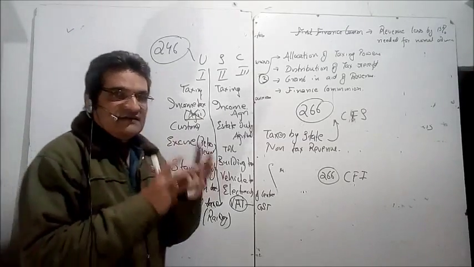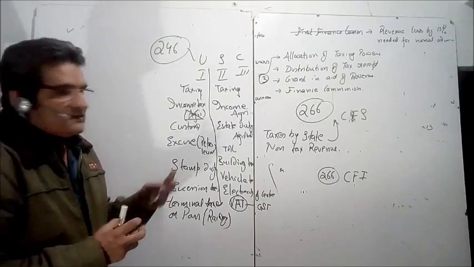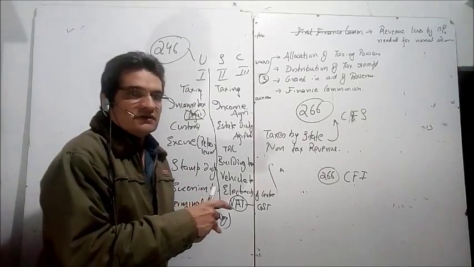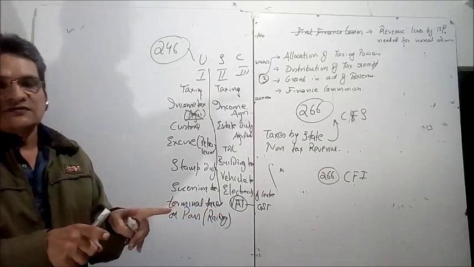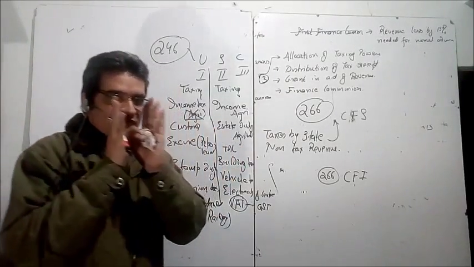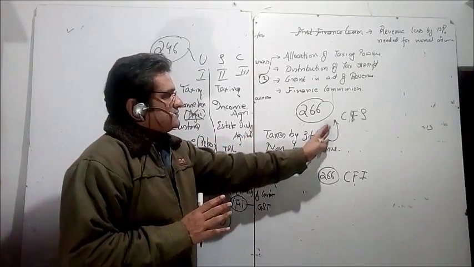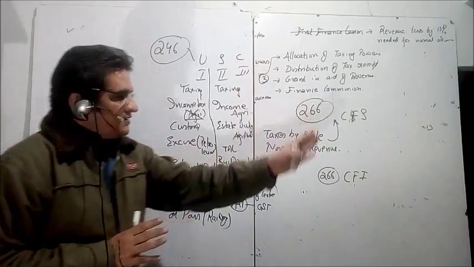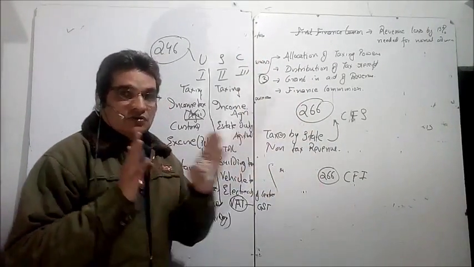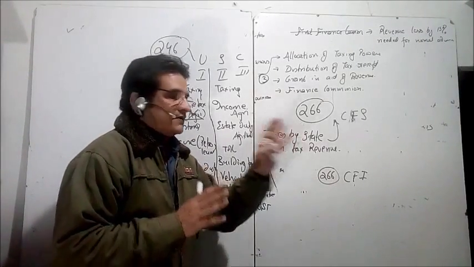There are various headings in which this tax which gets collected under the head of the Union need not flow to the Union. It may flow to the Union and States, it may flow to the states, and there are broadly four methods of doing it. So though all the state taxes are going to the Consolidated Fund of State, all the union tax is not necessarily coming to the Consolidated Fund of India.